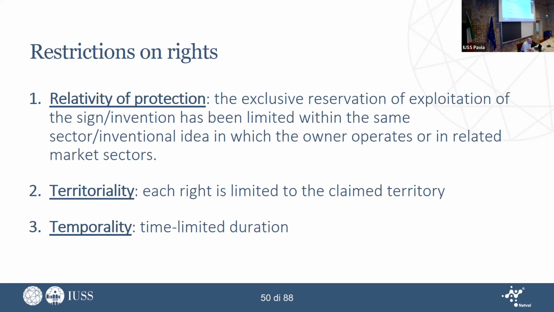Because if you use the trademark Coca-Cola and your business core is non-alcoholic drink production and distribution, there's no reason to protect your sign, your trademark in the aerospace sector or in geographical indication or plant variety, okay?